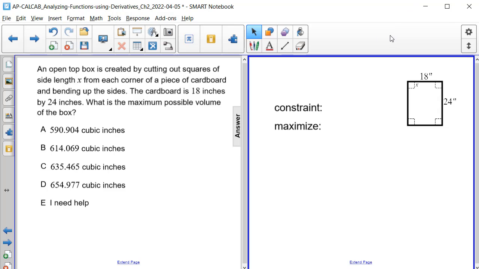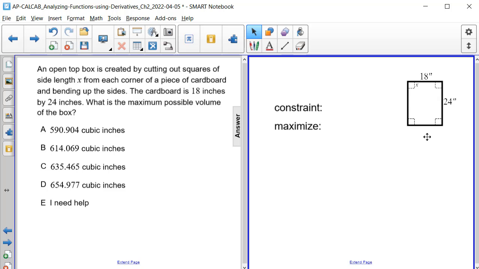And since we're making a box and figuring out its volume, we have to determine what the length, width, and height will be from this box. So we have this width right here of 18, and we're subtracting an x from this side and an x from this side.